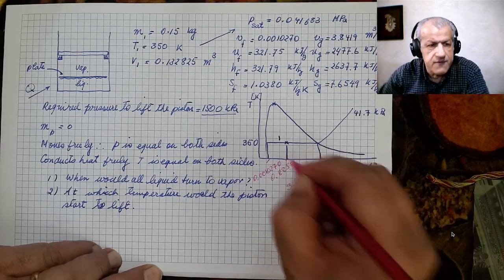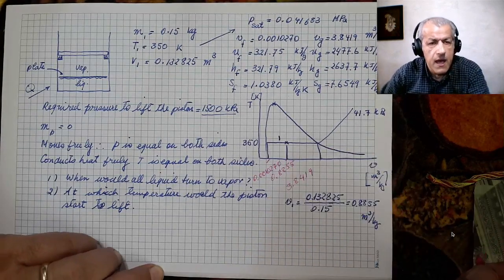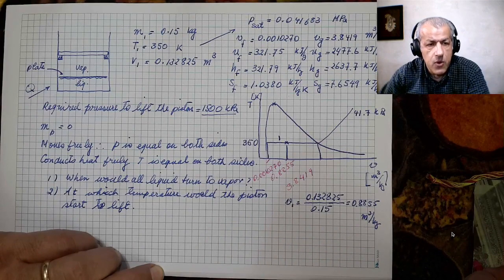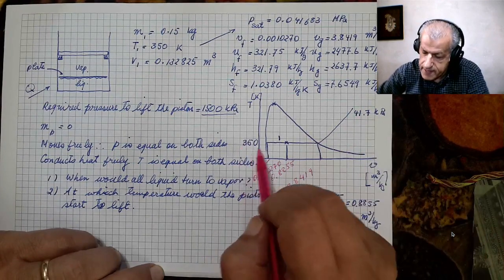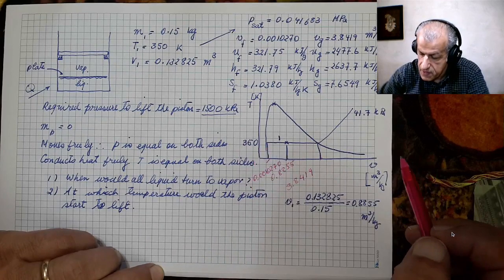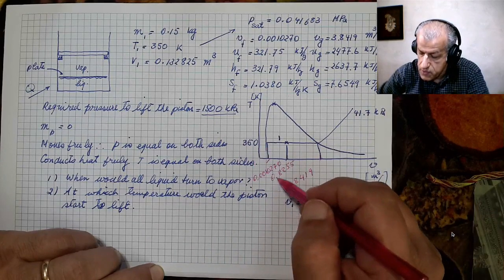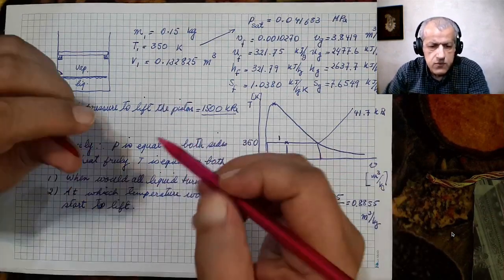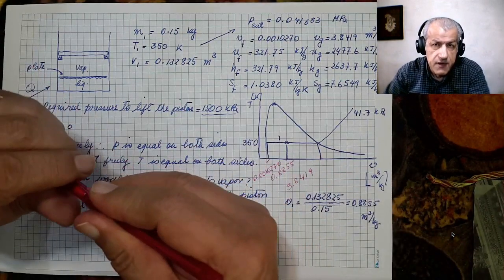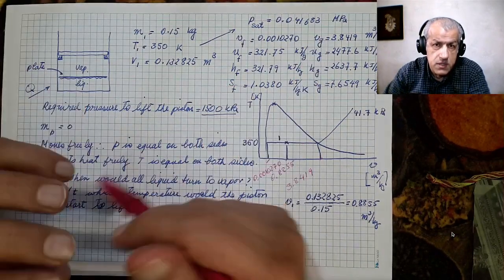This is the specific volume of the point here, and that is our initial point. Its pressure is 41.7, and its temperature is 350, and the specific volume is 0.8855. You see, the method I used for this is very important that you should use it as well.